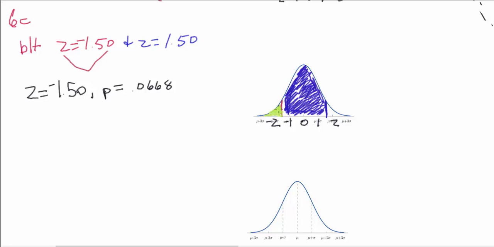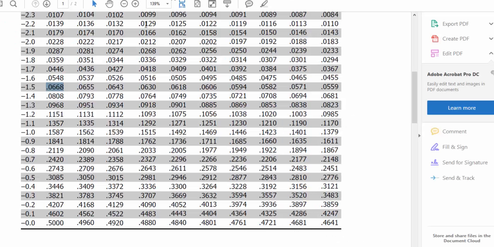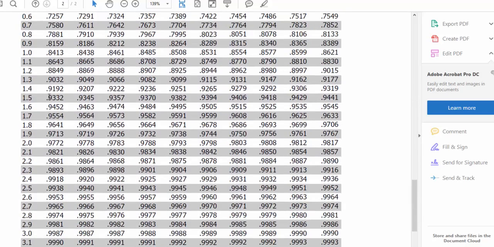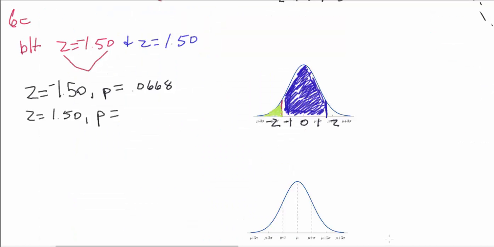So we're getting closer, but now let's look at the area to the left of positive 1.50. Pull up our table. Go to page 2 for the positive numbers. 1.50, so the area to the left of z equals 1.50 is 0.9332.